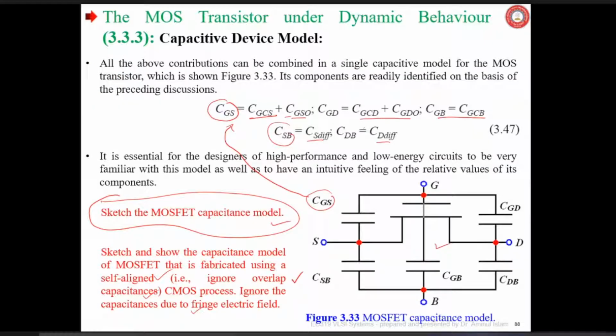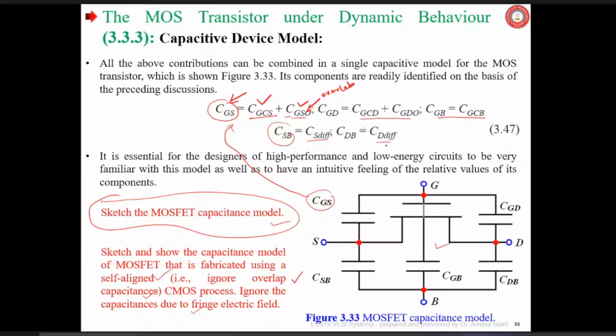Now, the capacitive model. This is a complete capacitance model of this MOSFET. Of course, here one thing is hidden, that is the overlap capacitance. That's why CGS is put equal to CGCS excluding the overlap, so CGS includes CGSO also, where O stands for overlap.